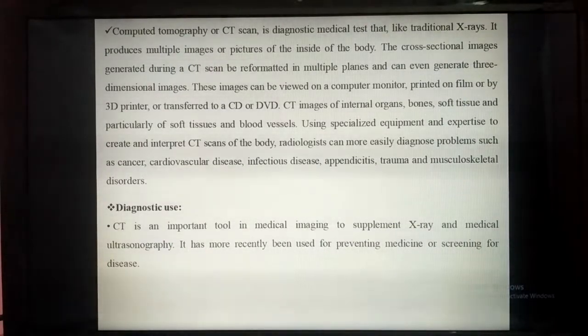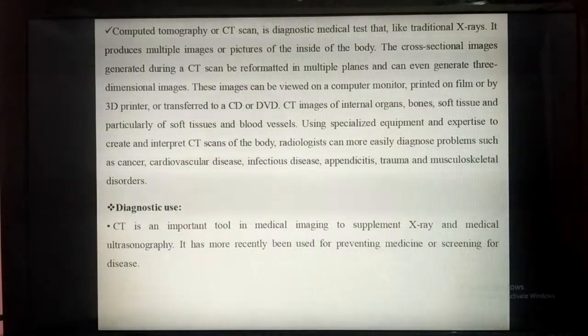Using specialized equipment and expertise to create and interpret CT scans of the body, radiologists can more easily diagnose problems such as cancer, cardiovascular diseases, infectious disease, appendicitis, trauma, and musculoskeletal disorders.